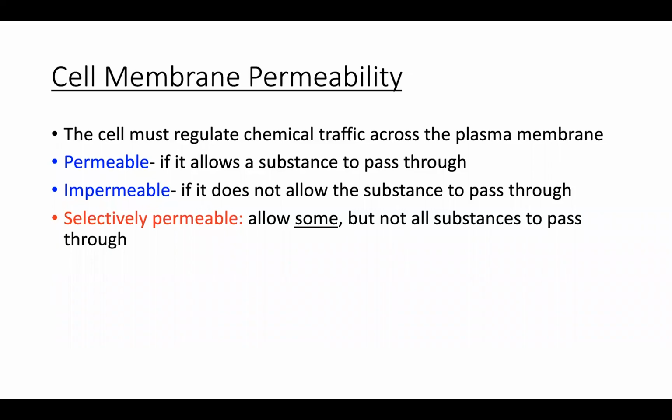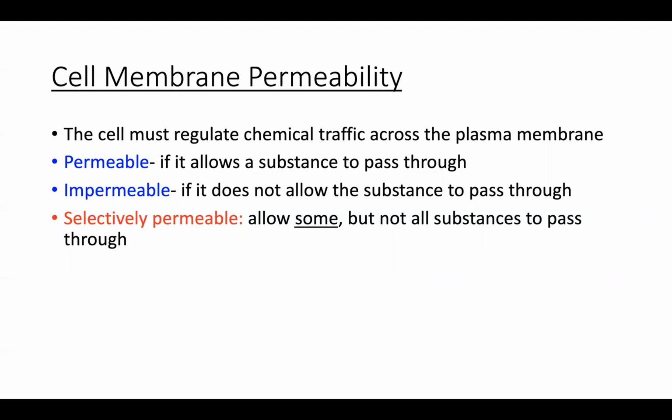Well, the cell membrane is defined as selectively permeable. So it's not all the way permeable, it's not all the way impermeable. And so some of your textbooks may say semi-permeable. Okay, we're going to use the term selectively permeable to make sure that we understand that the cell is selective about what things can pass and when.